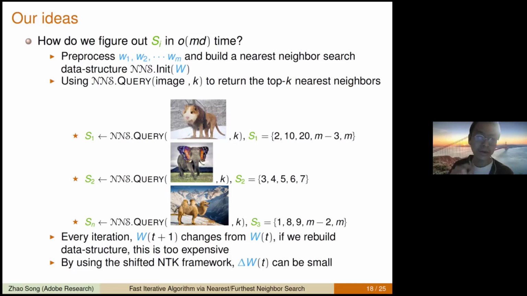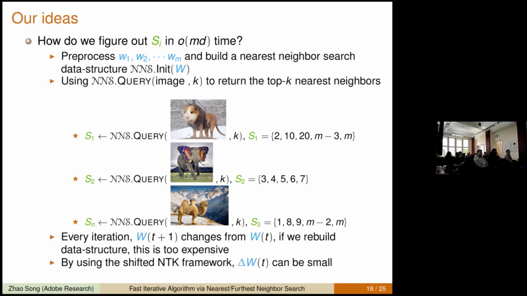L2 nearest neighbor search is equivalent to maximum inner product search. In the problem we care about, it is actually inner product, and to translate L2 nearest neighbor search to inner product search, you need to assume all the data points are on the unit sphere. Otherwise, this will not work.